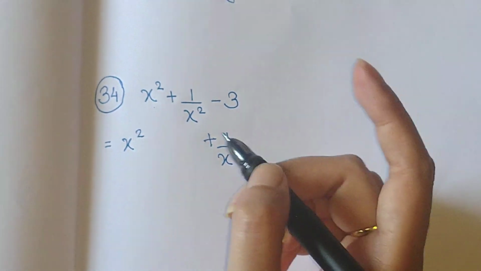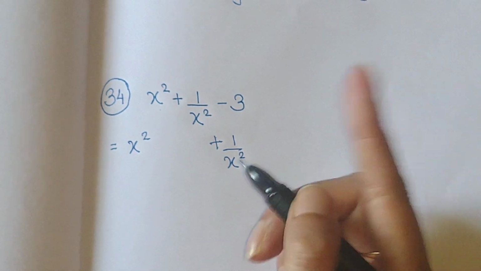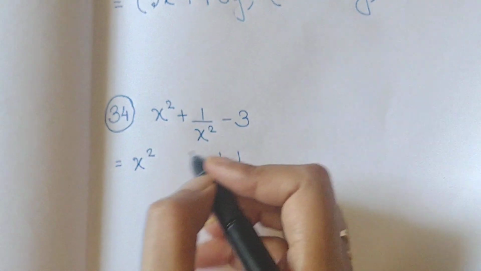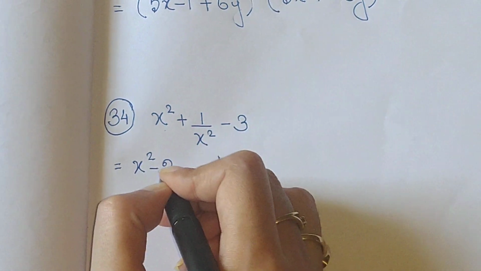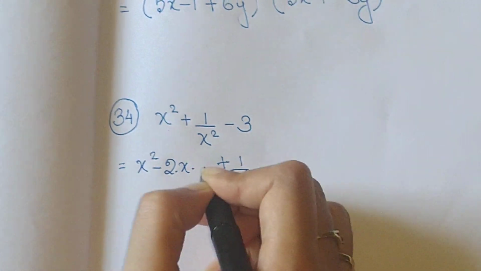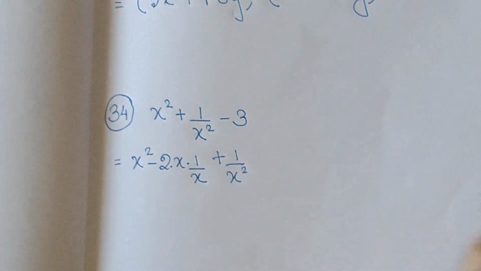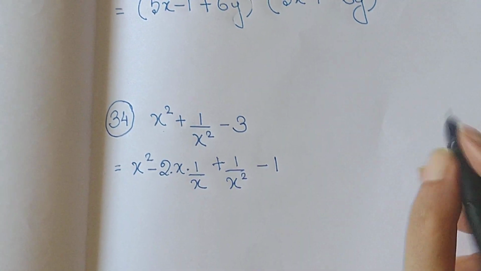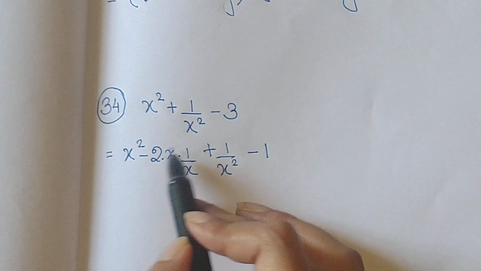Now I have to reduce the 3 in such a way that I can get the difference of two squares. So what will I do? 2 dot x dot 1 by x and minus 1. Now you can see why I have introduced this.